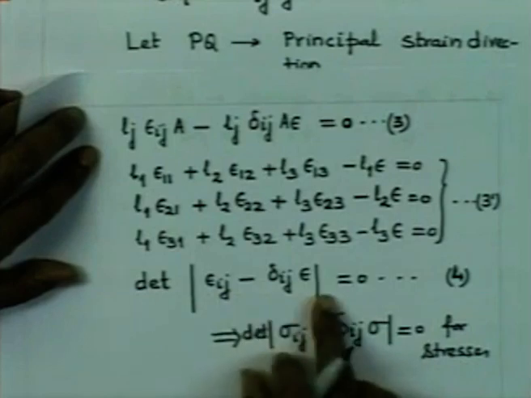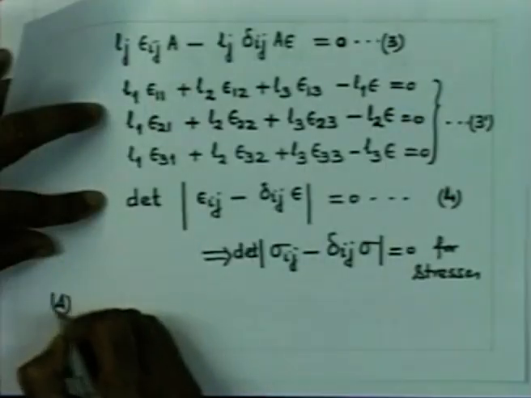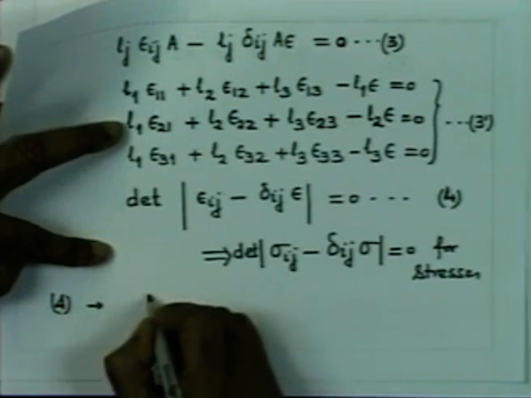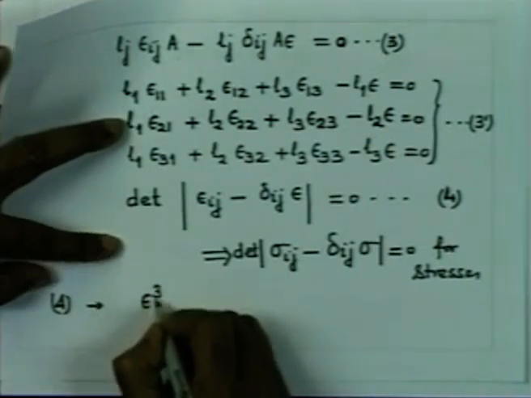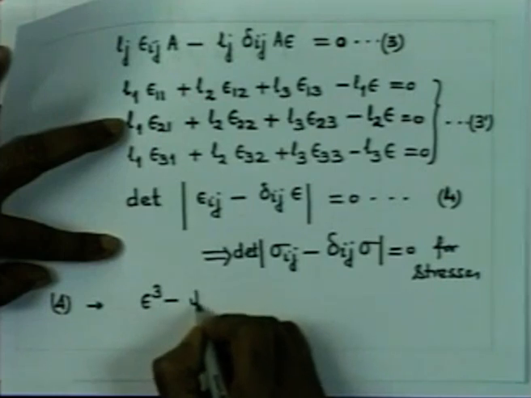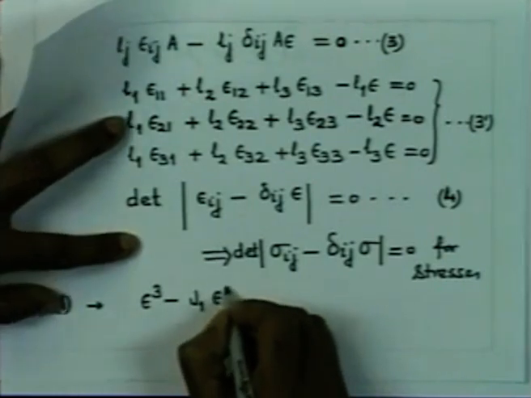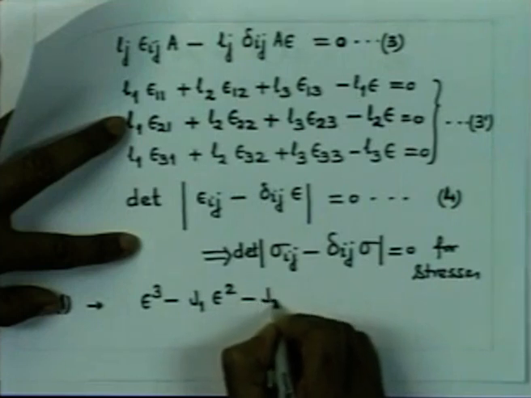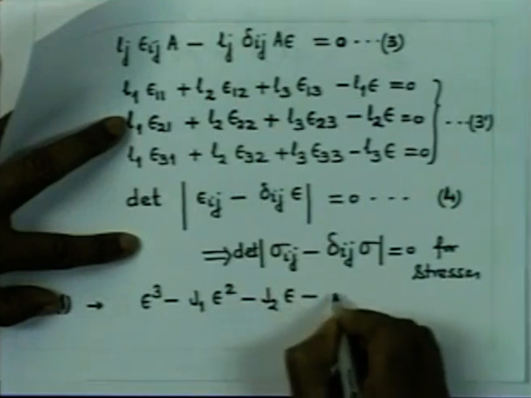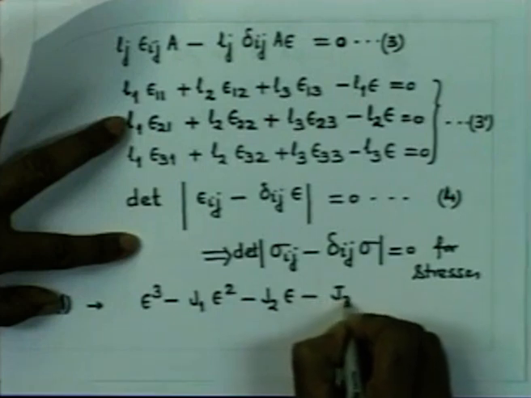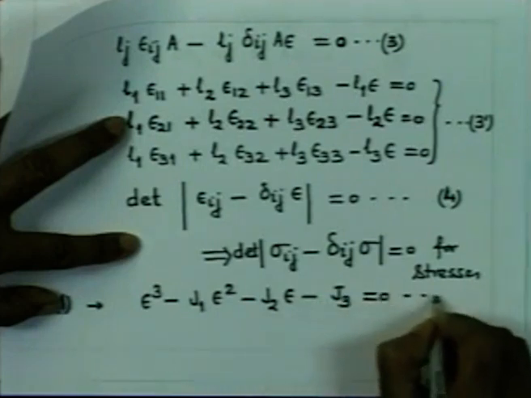So, you have a closely parallel relationship for the principal strains, and this relation, 4, can be expanded to a form epsilon cubed minus j1 epsilon squared minus j2 epsilon minus j3 equal to 0.